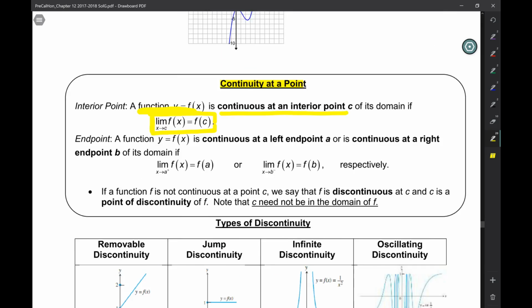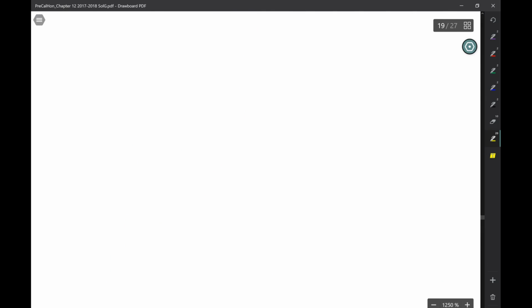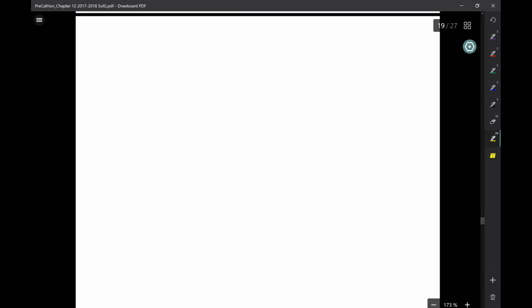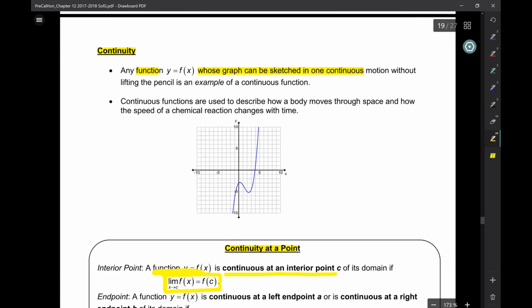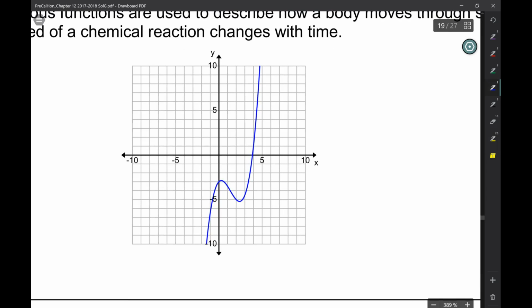So here, for example, take a look here. What is the limit as x approaches 4? As x approaches 4 from the right side and the left side, it's approaching 1.